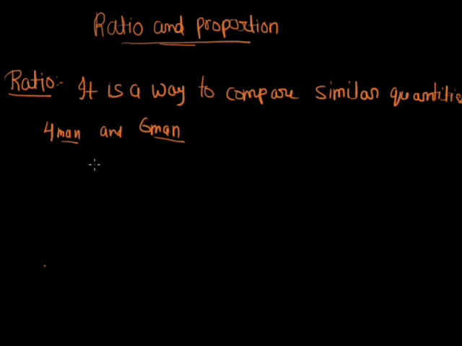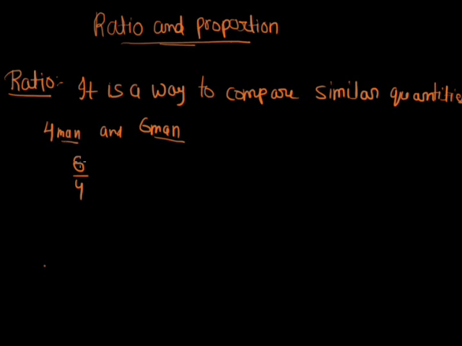And if I say to you, what is the ratio of this quantity to that quantity, we'll say that it is 6 by 4. It means the quantity we are taking the ratio with reference to will come in the denominator.